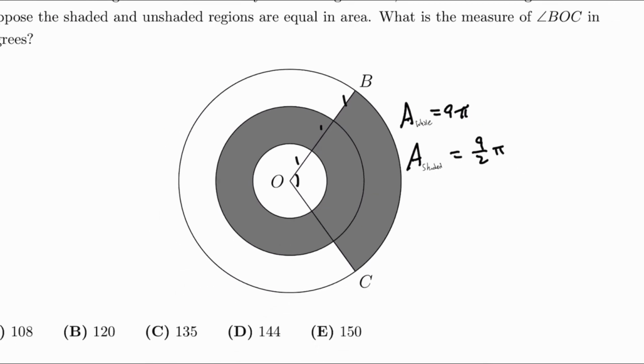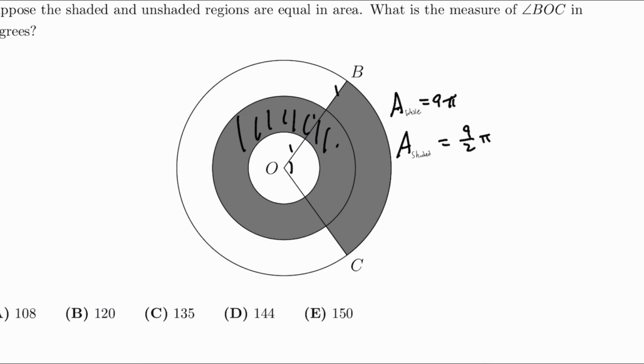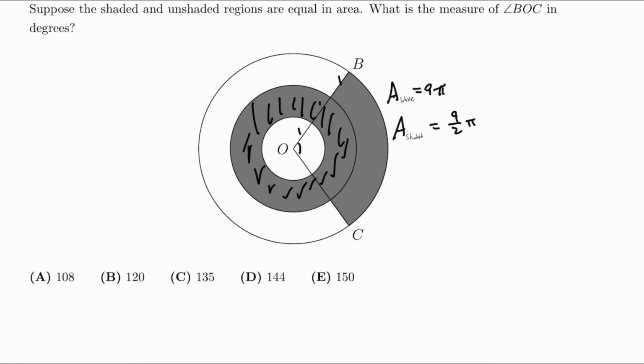Regardless of what BOC is, we can figure out what this area is, because that doesn't depend on BOC. The area of the black shaded one is going to be 4 pi, which is the middle circle, minus the pi inside, so that's 3 pi. So the area of the blue shaded is going to be 9/2 pi minus 3 pi, or 3/2 pi.